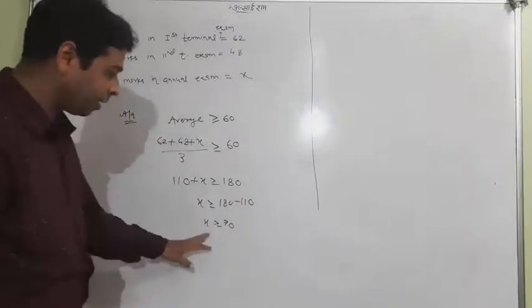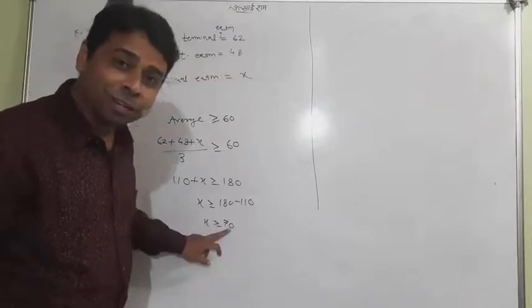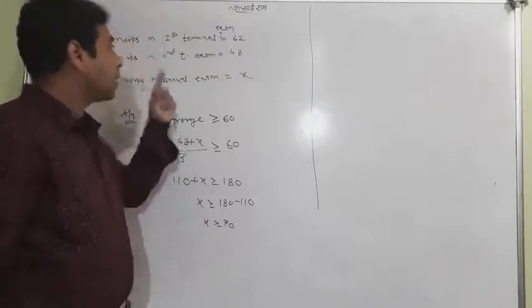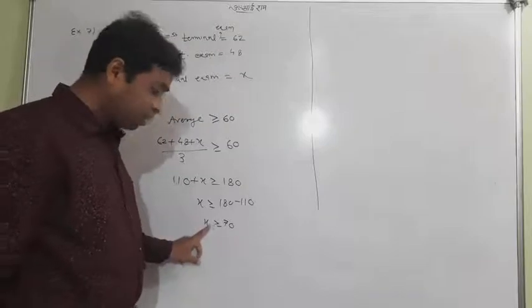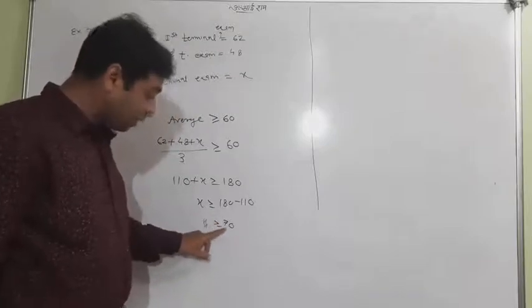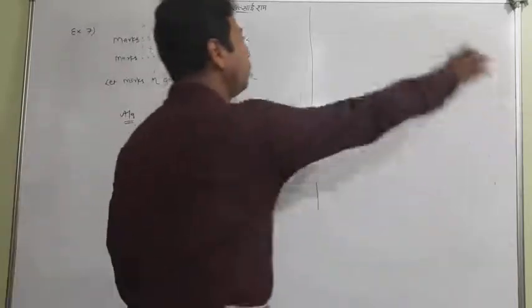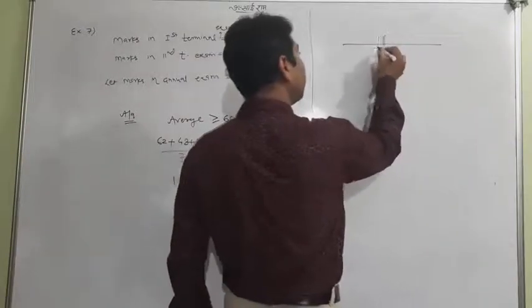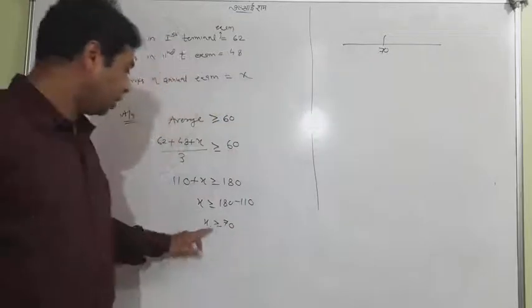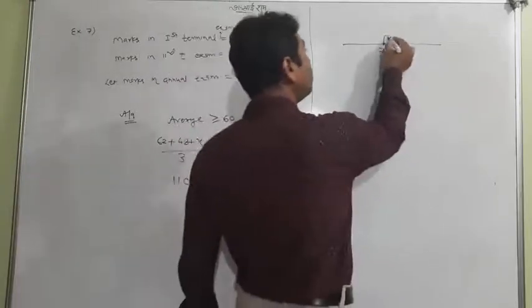So what is its meaning? x is greater than or equal to 70, meaning your marks in the final examination should be either equal to 70 or more than 70. If you make it on the number line, the answer is either equal to or more than this.